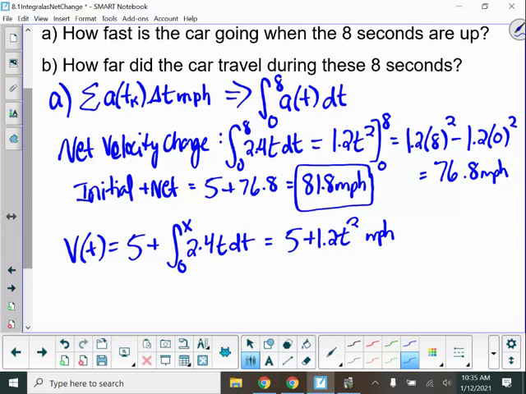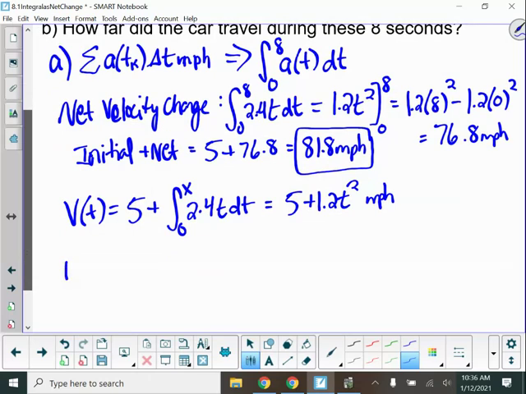If I want to find the distance that I'm traveling, distance is going to be the integral of velocity. So I'm going to be integrating that 5 plus 1.2t squared.